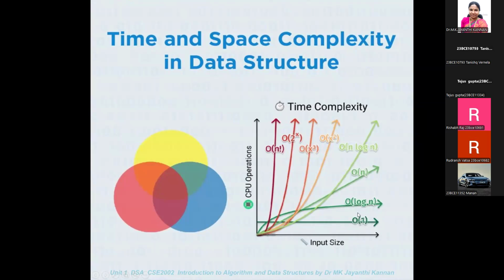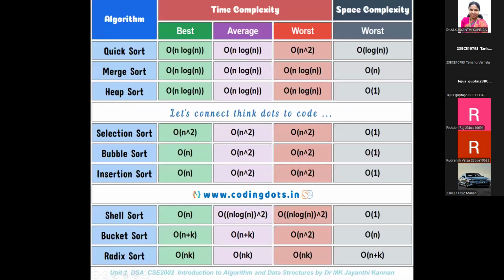When it is logarithmic, it takes a little bit of extra time. When it is quadratic, it progresses faster, so when the input size increases, the time also increases. When it is exponential, even for 2 or 3 inputs, it needs the maximum time. Like that, they are represented.